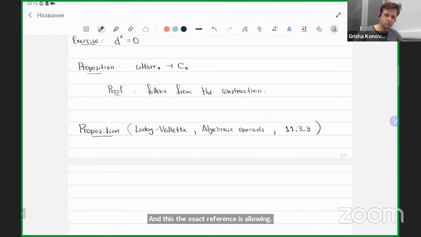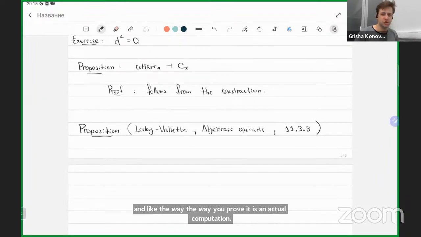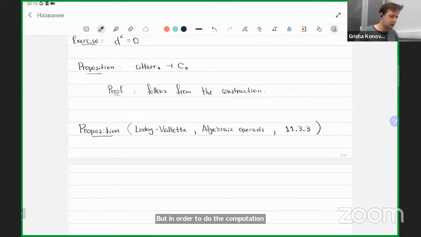The way you prove it is an actual computation, but to do it in a convenient way, you need to study those things for a certain amount of time. That's why I don't want to go into details of the proof.